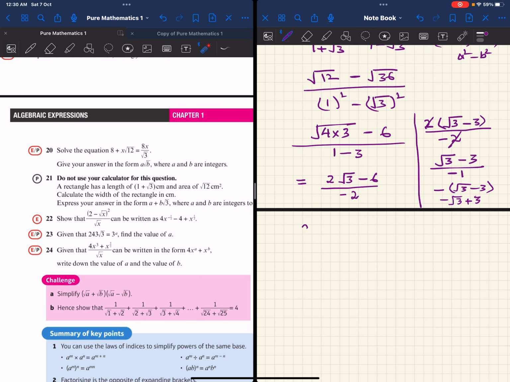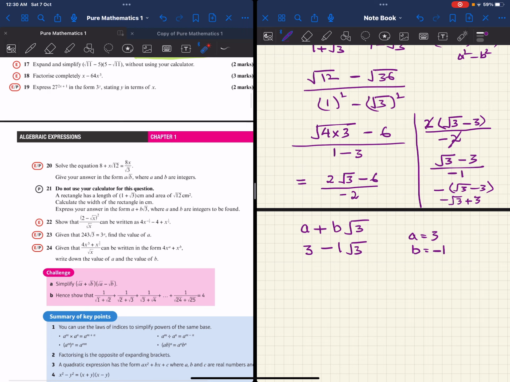So we have 3 plus, it's minus rather, 3 minus 1 root 3. So a is equal to 3 and b is equal to negative 1. That answers question number 21.